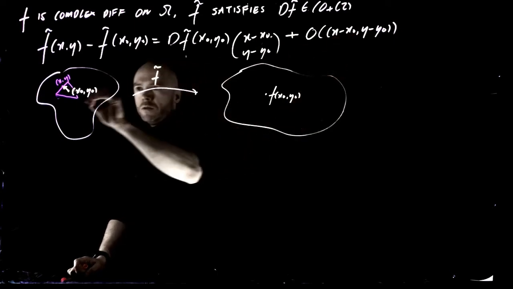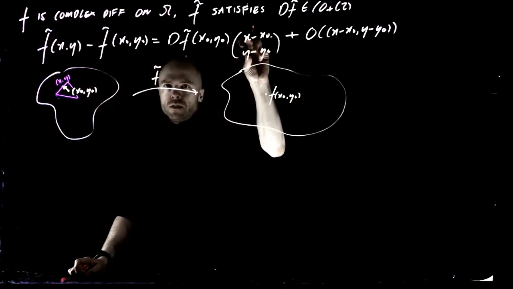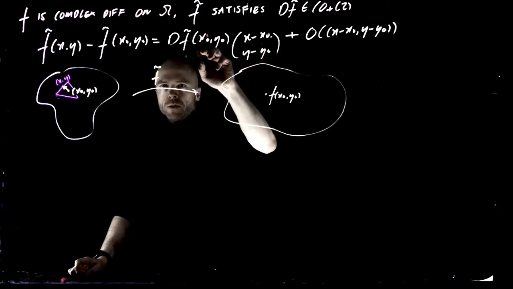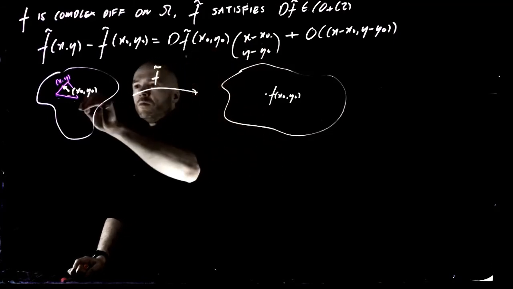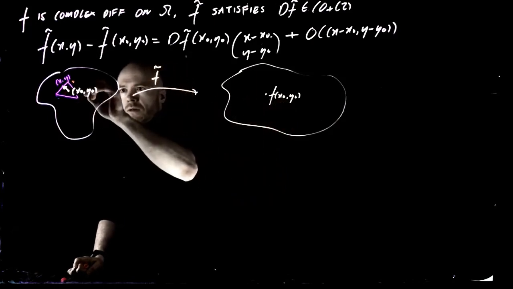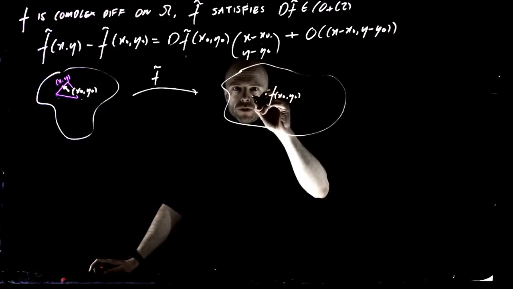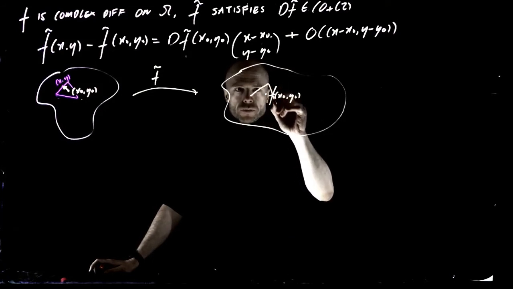It's just an affine mapping, so as we move along the line, we just get a line. So as we move along the boundary of this triangle, we're going to get some kind of a triangle, like this.